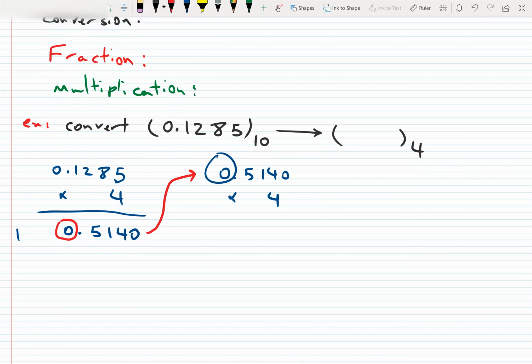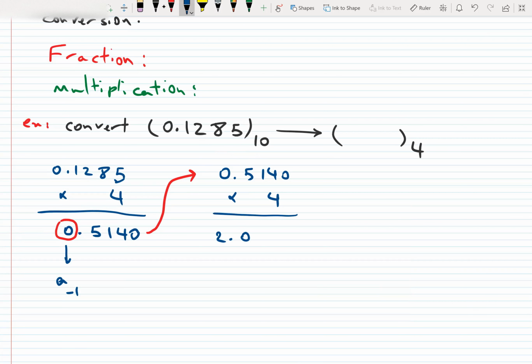So we ignore the integer part, and this integer part is considered as the coefficient a minus 1. Let's continue. 0.5140 times 4 is 2.0560.